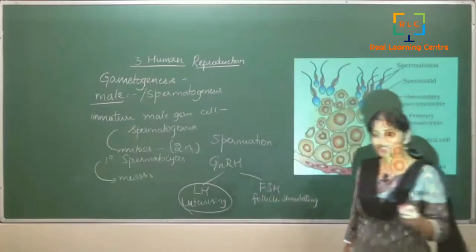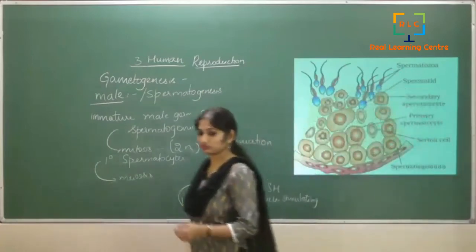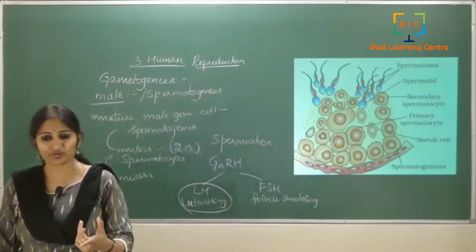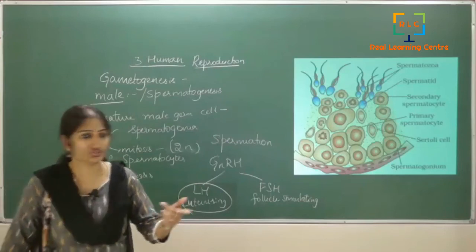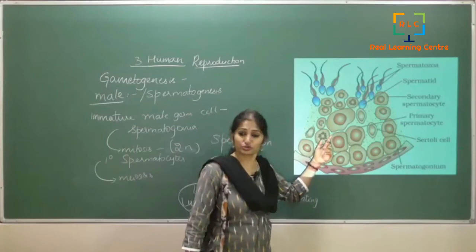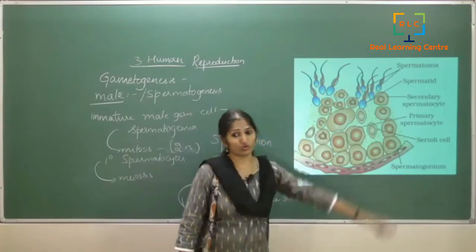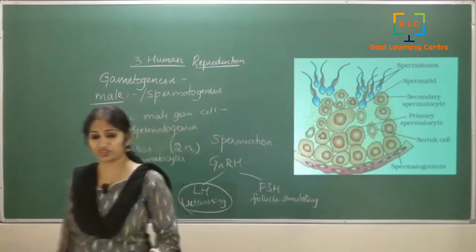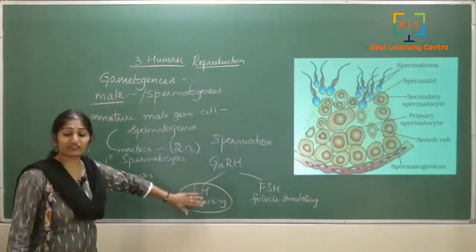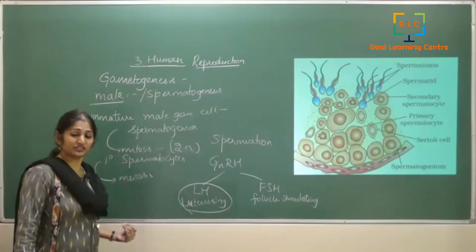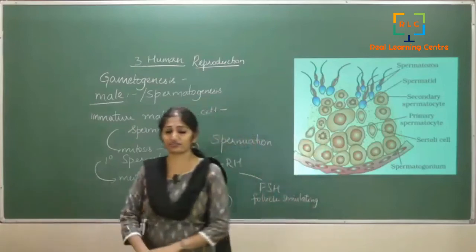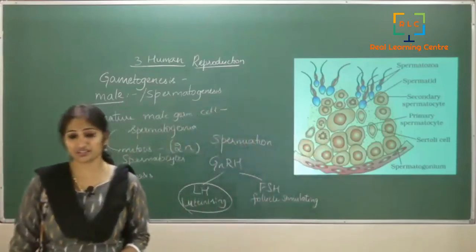Okay, now the cells would get activated, produce androgens, and these androgens would enter into the seminiferous tubule and activate the whole process of spermatogenesis. So basically GnRH activating LH, activating the Leydig cells, androgens activating the spermatogonium, forming and releasing the sperms.